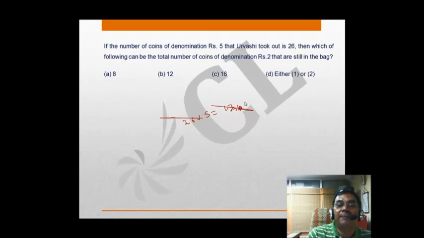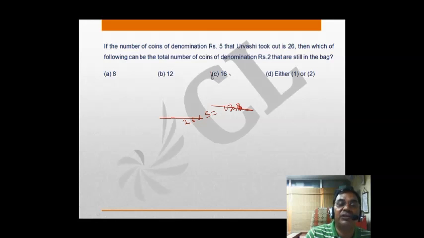Okay? 130. Already, if I take 8, so 8 to 16, and still with 1 rupee adding, it will become more than 148. The same way, so the answer is 16.